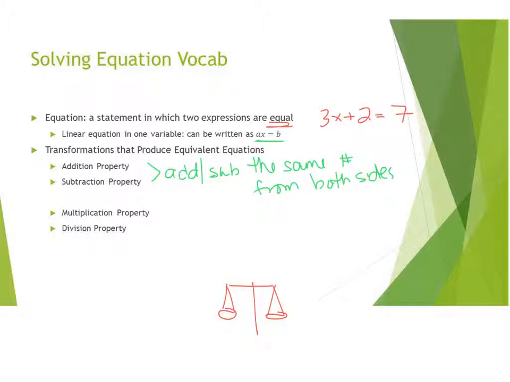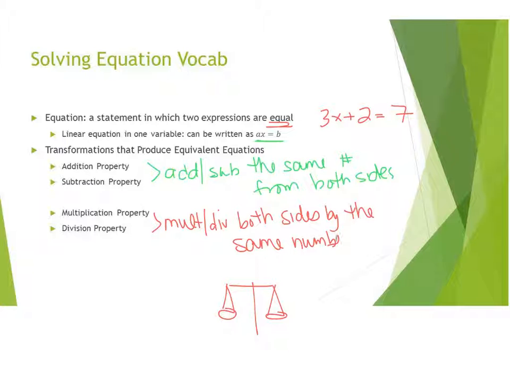And then also multiplication property and division property, same thing. You can multiply or divide both sides by the same number. If we get into the technical details, the division property says that you have to divide by a non-zero number, because remember, you can't divide by 0.